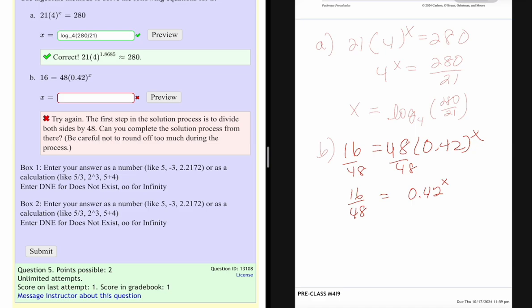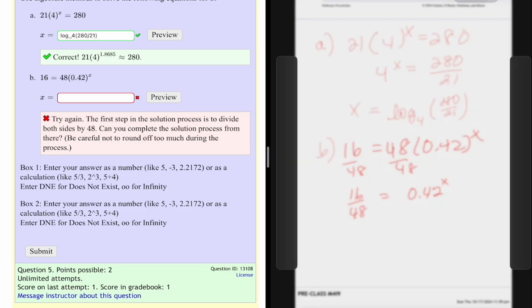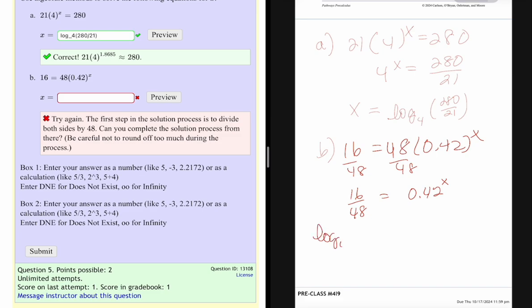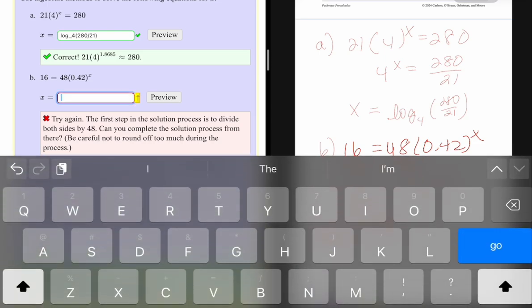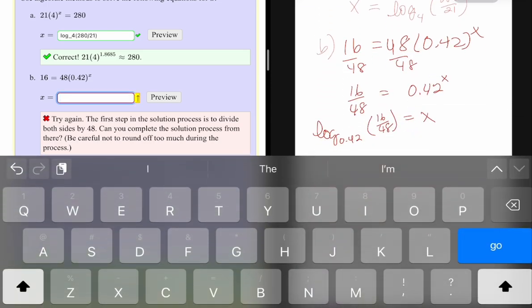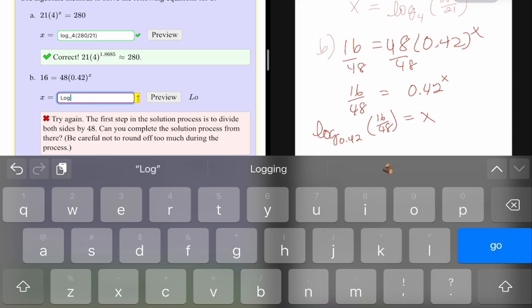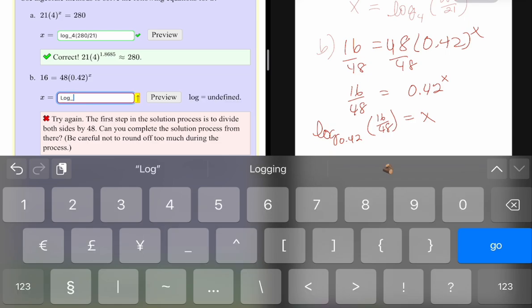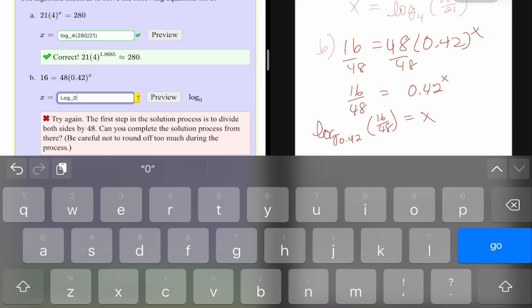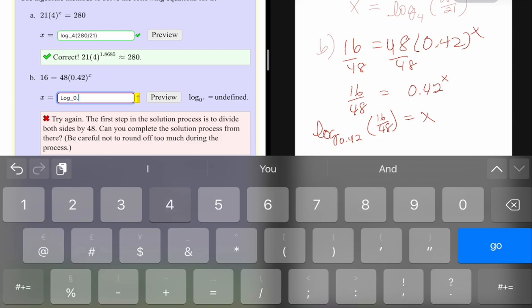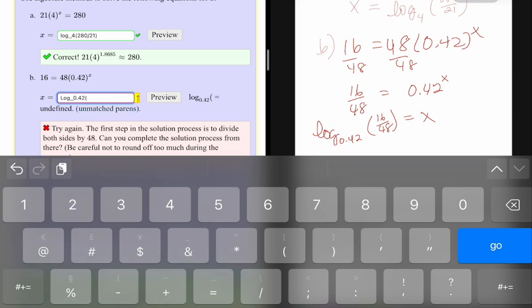Now my base is 0.42. My number is 16 over 48. So the log base 0.42 of the number 16 over 48 has to equal my power. So I get to put that in there. So the log underscore 0.42, in parentheses, I'm going to put in 16 over 48.